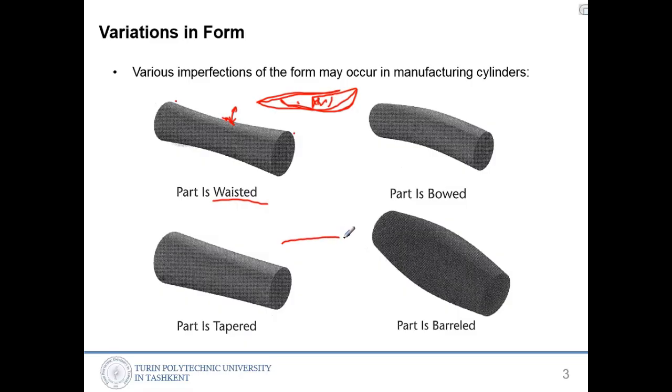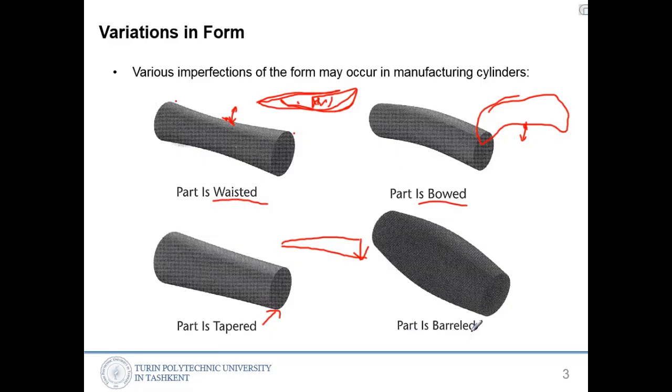It should be straight, but you are pressing more here, so you get this taper shape. And a part is bowed, bent in the middle, so in this area it is bended, and we call the part bowed.